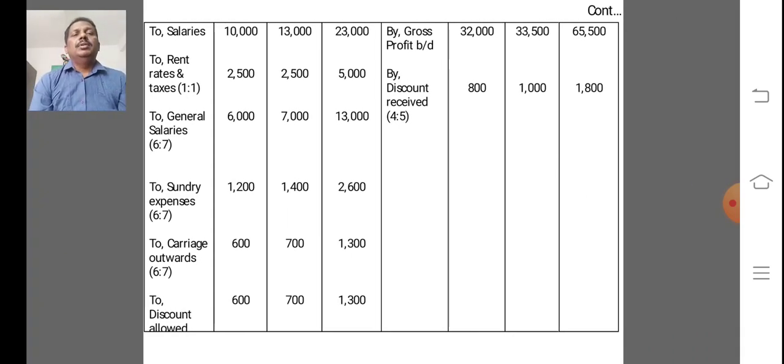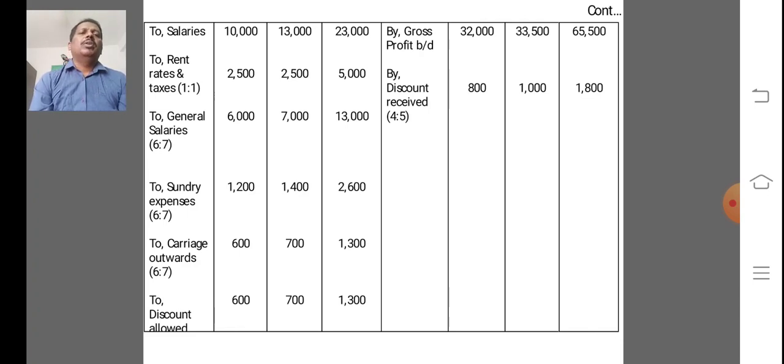And the gross profit is to be brought down to the profit and loss account: gross profit brought down A department 32,000, B department 33,500 and total 65,500.